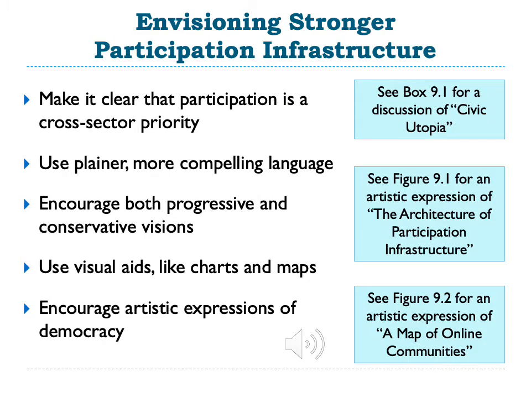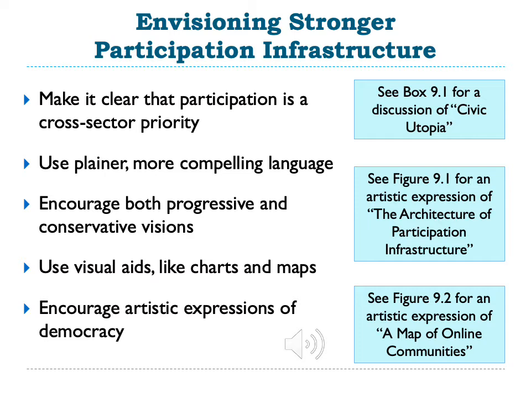Some advice that Nabatchi and Leighninger give in how we can envision a stronger participation infrastructure is that we need to make it clear that participation is a cross-sectoral priority. They assert that the language of participation is often not clear or compelling. It fails to capture the full possibility.